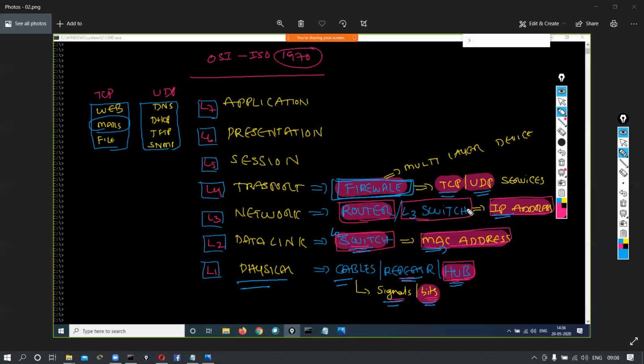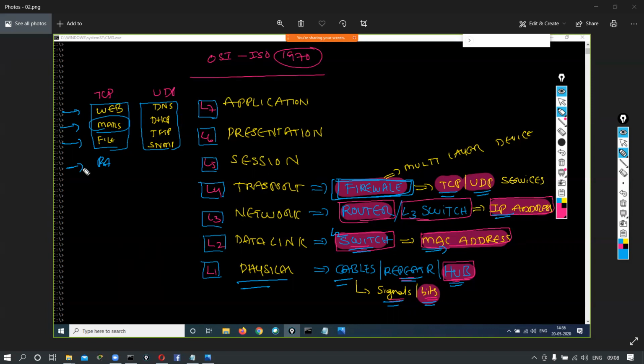Sometimes your requirement on the internet may be a web requirement, accessing google.com, or mail requirement, sending and receiving mails, or a file requirement, or remote access to remote servers or routers. These are the major requirements on the internet, using a browser. Without a browser we can't do these things.